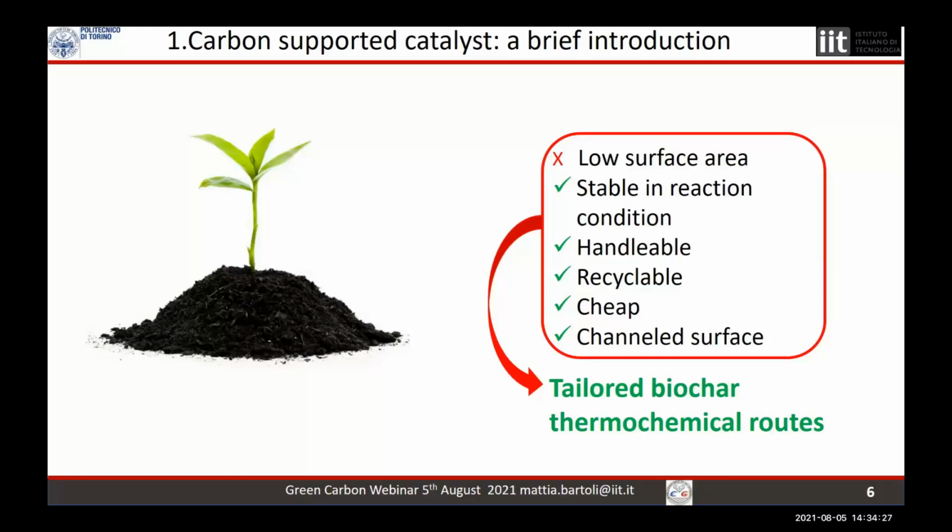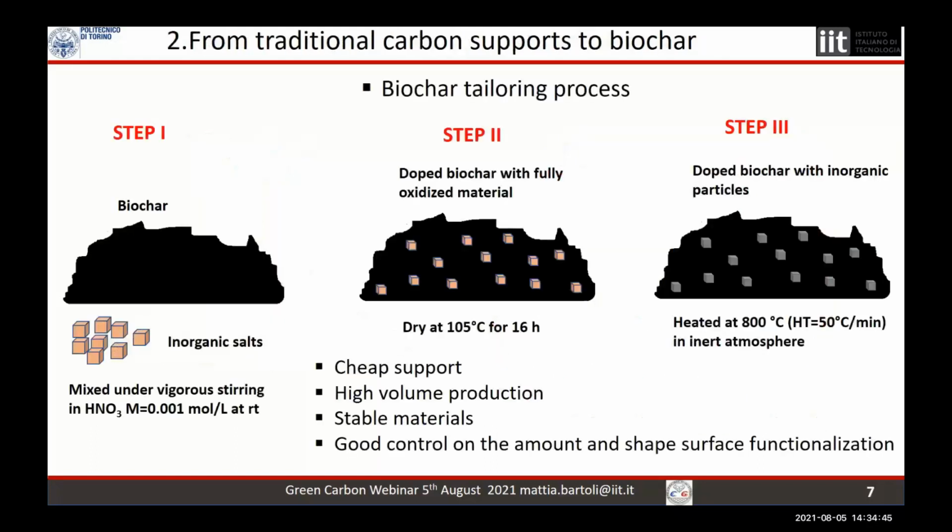We try to combine biochar with an inorganic species by using carbothermal reduction. Carbothermal reduction is also described in the literature, but mainly for the production of materials like SiC by mixing silicon oxide and graphite. What we've done is start with a wet template approach, mixing an inorganic salt with our biochar in a slightly acidic solution.